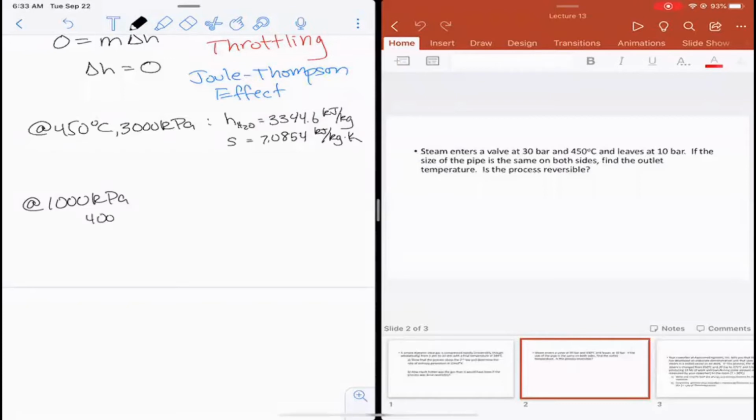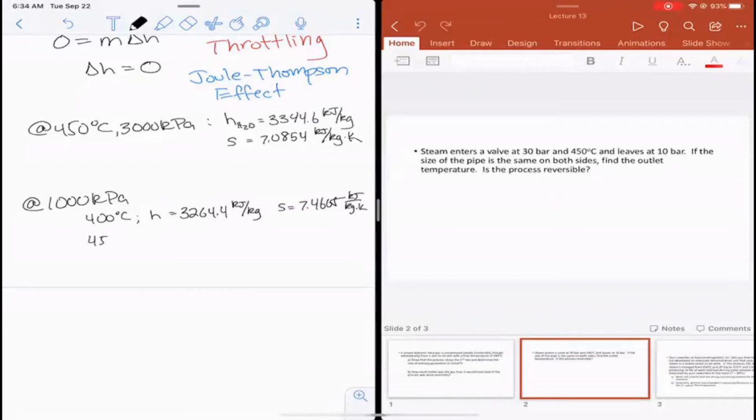So at 400 degrees C, we'll find that there's an enthalpy value of 3264.4 kilojoules per kilogram and an entropy value of 7.4665 kilojoules per kilogram Kelvin. So this is just a little bit below the enthalpy that we're looking for.